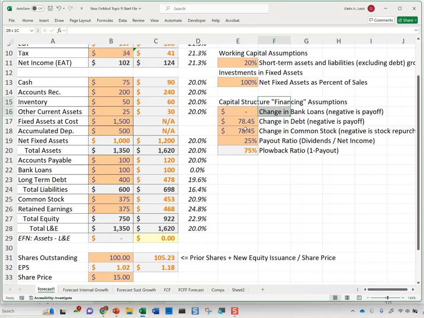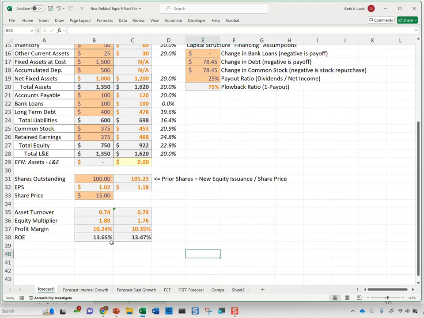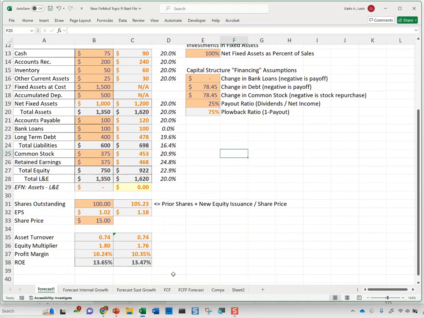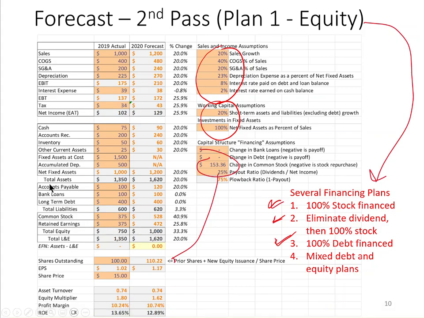When I use this mix of debt and equity, I'm still delevering a little bit, meaning that I must have used a little bit more than 50-50 of debt and equity in the past. But I'm now a little bit closer. The ROEs are not that affected. All right, so there we go. That's using different ways of financing the EFN, the external funds needed, using mixes of debt and equity.